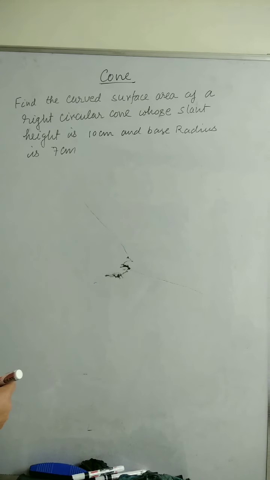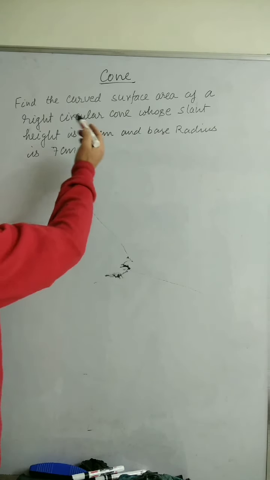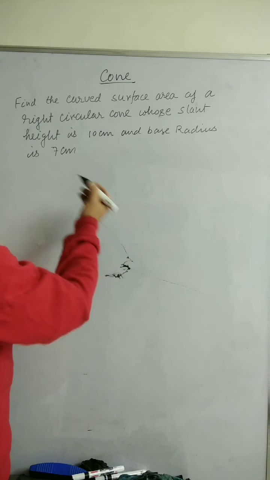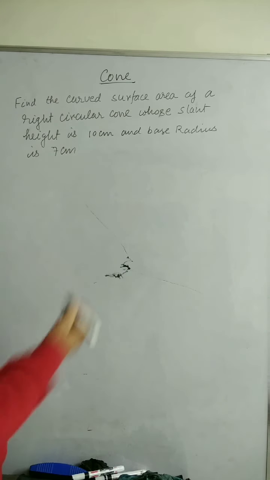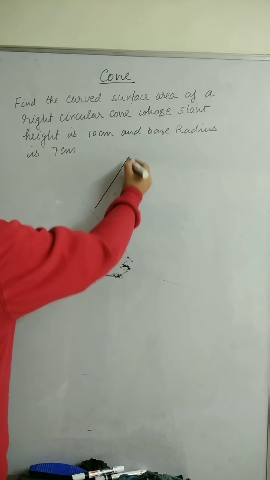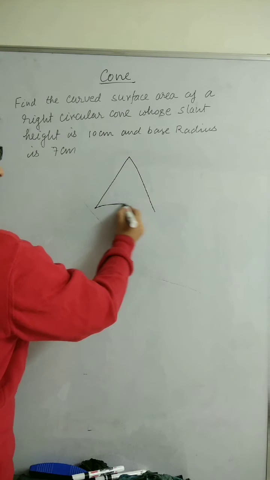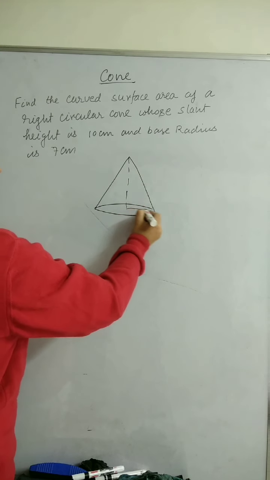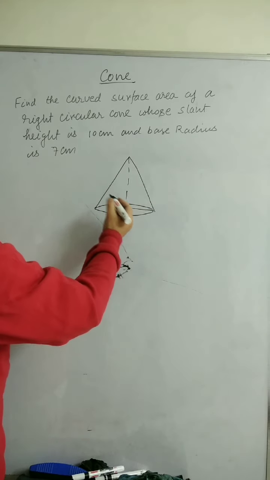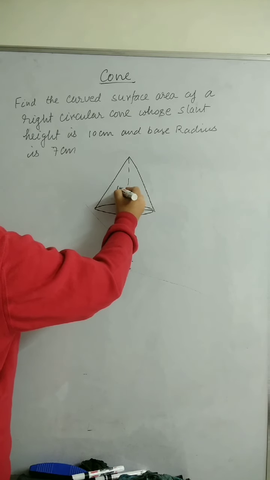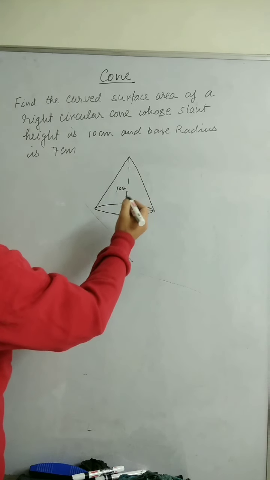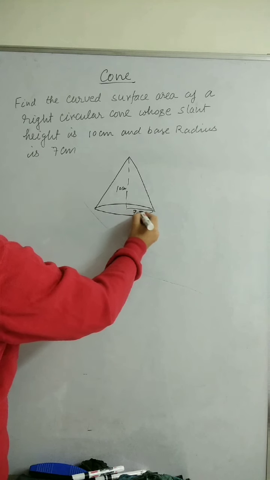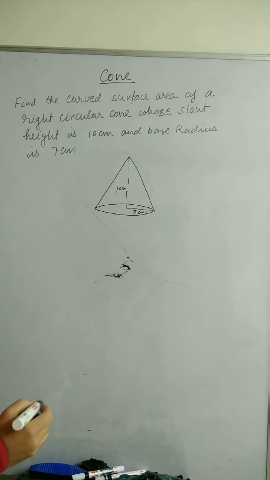In the last lesson, I told you how to find the curved surface area. Now you have to find the curved surface area of a right circular cone. So this is a cone, and you have to find its curved surface area. Its slant height is given as 10 centimeters and its base radius is 7 centimeters.